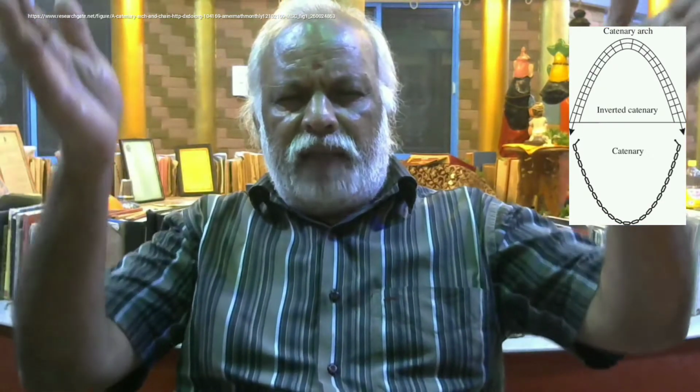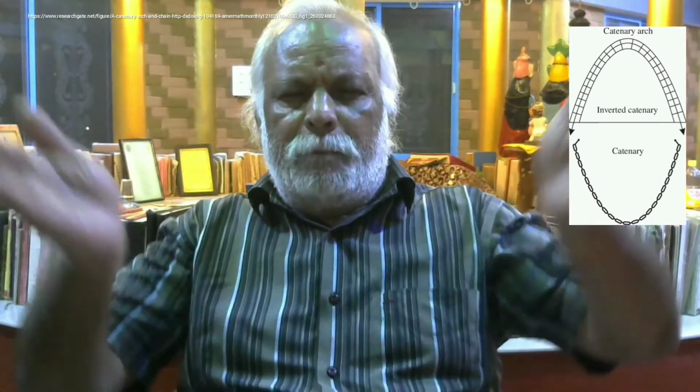So you will have a valley in this form and you will have an arch in the valley. Suppose you have the valley like this, you have the arch like this. That side is water, this side upstream. So the dam will be like this.